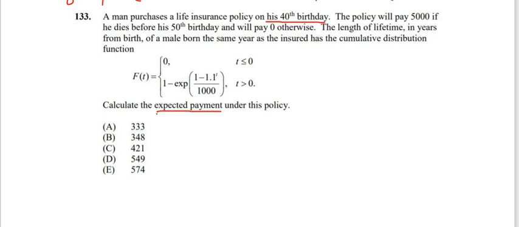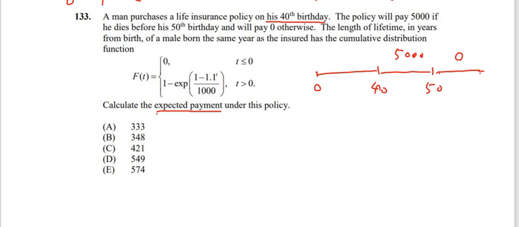The policy will pay if he dies before that. So here, let's say this is 40, and then this is 50, and this is 0. If this man died between 40 and 50, then they pay so much, right? And if the death happens here, they pay 0. So this is the payment.